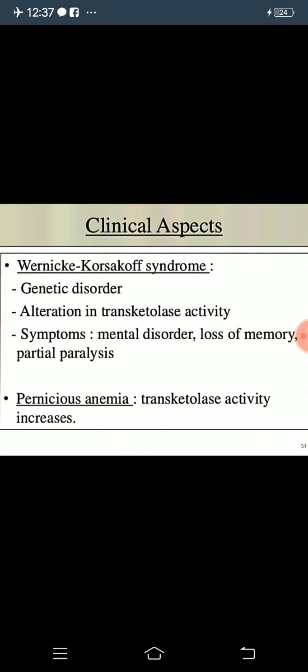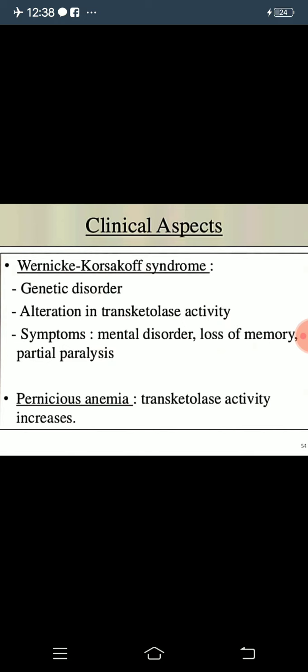There is a disease like Wernicke-Korsakoff syndrome. This is a genetic disorder. This occurs due to the alteration in the transketolase activity, and symptoms like loss of memory, mental disorder, and partial paralysis are seen in this syndrome.